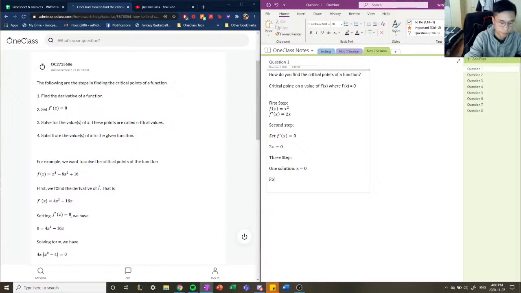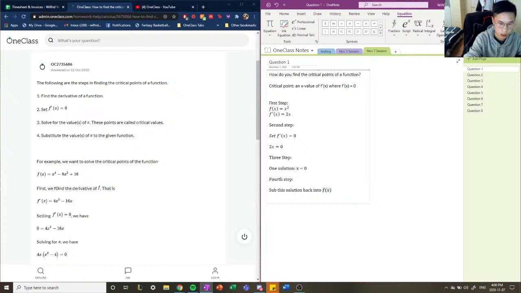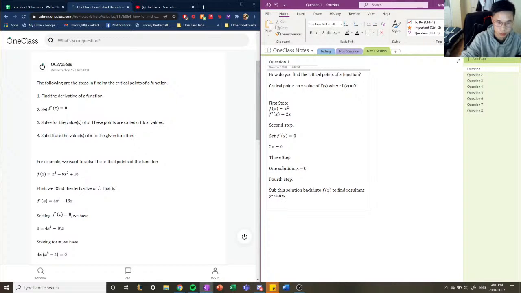So the fourth step is sub this solution back into f of x to find the resultant y value. Once you sub it in there, that is your critical point, and that critical point corresponds to the fact that at that point the behavior of the graph is not increasing or decreasing. So the slope is 0, basically.